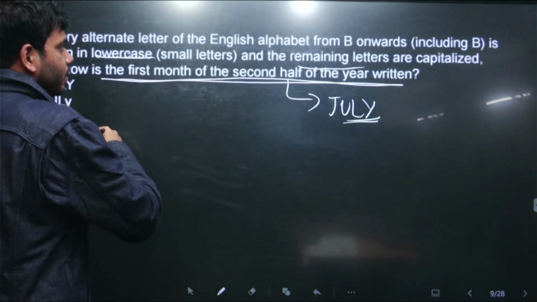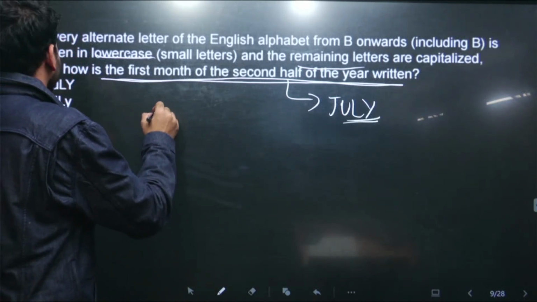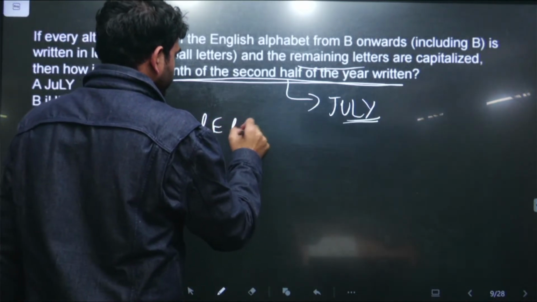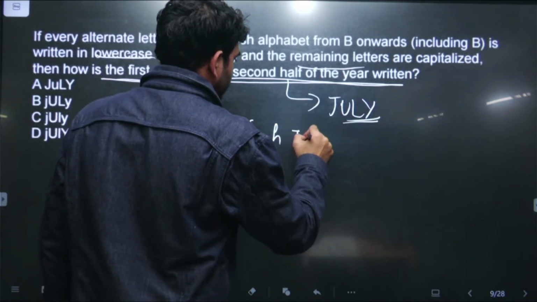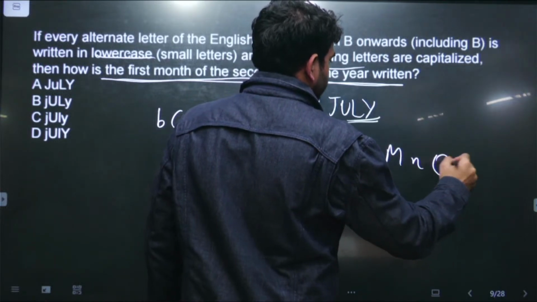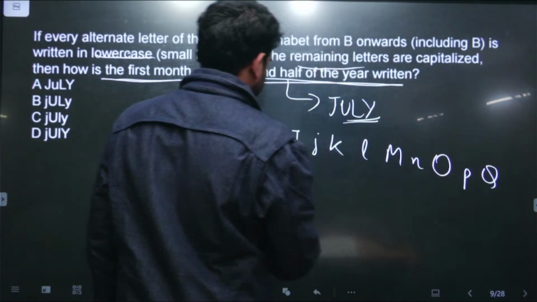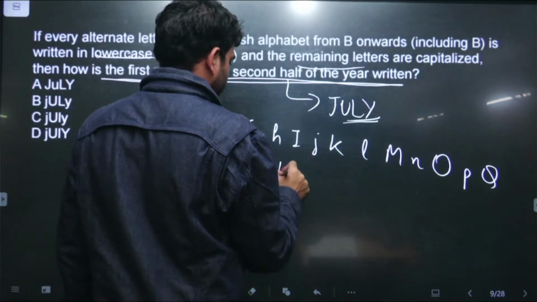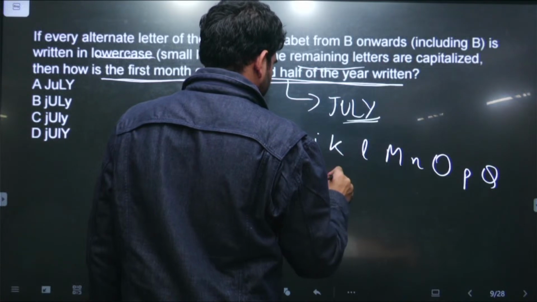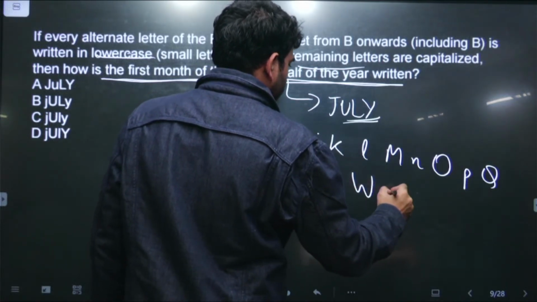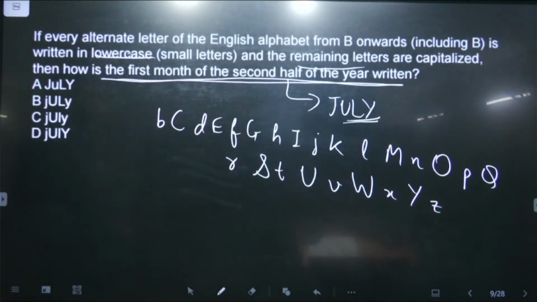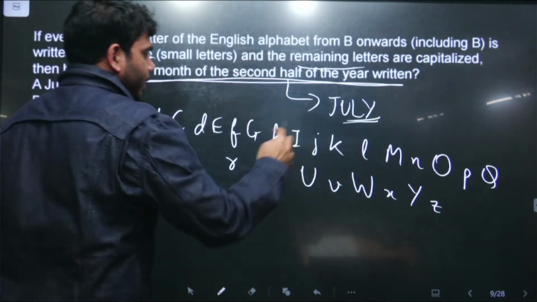So the alphabetic order will look like b small, C capital, and so on. Taking these letters for July, J is small here.